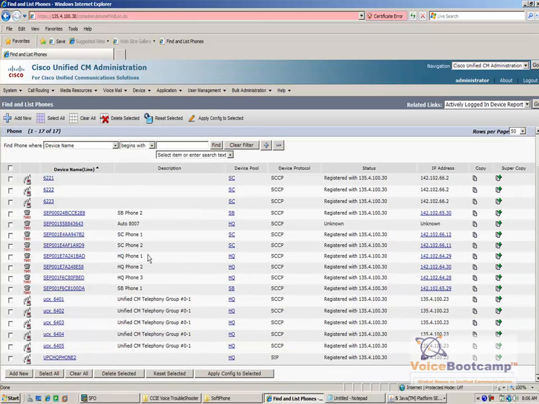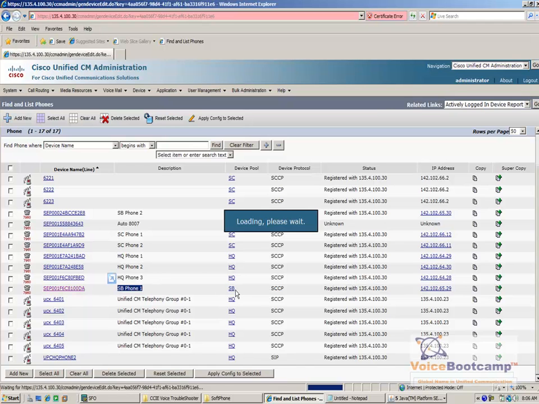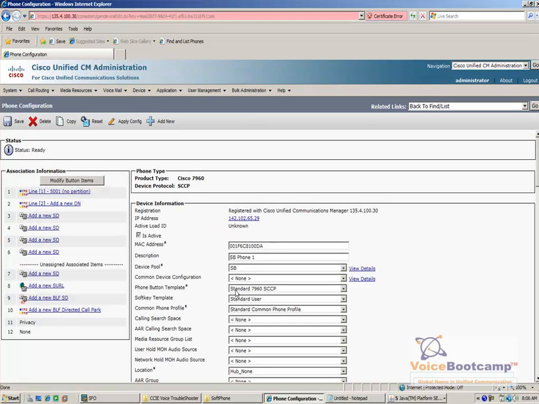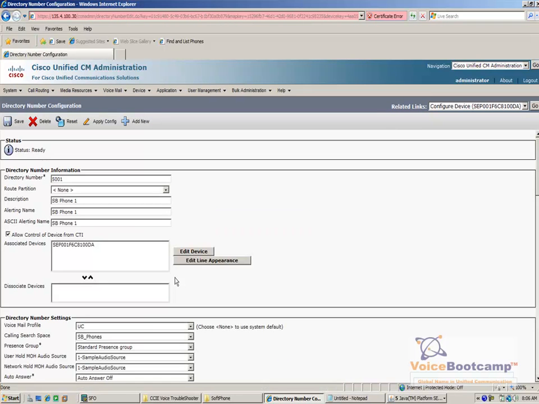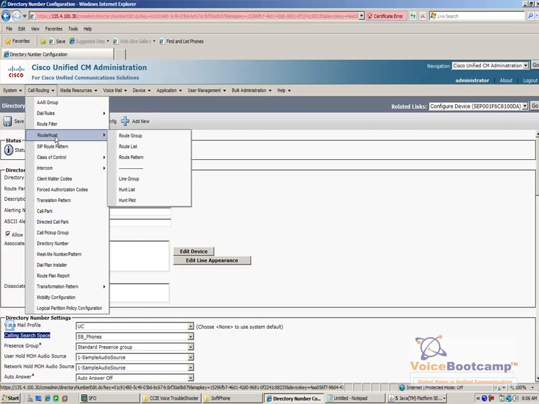The phone that I'm using is SB phone 1, and this phone belongs to a calling search space, probably on the line level. As you can see, the calling search space applied is called SB phones 1. So let's take a look at the SB phones class of service.